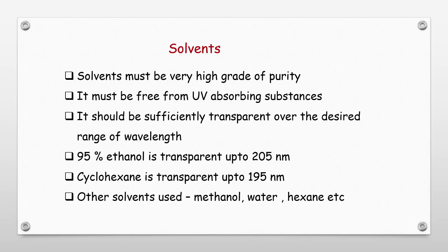That is, it should not absorb in the desired range of wavelength being measured. Example, 95% ethanol is transparent up to 205 nanometers. Cyclohexane is transparent up to 195 nanometers.